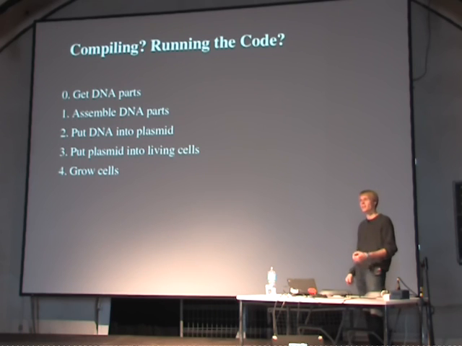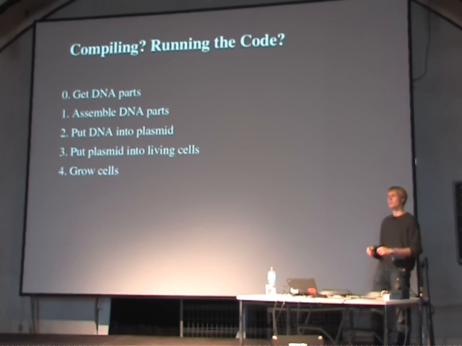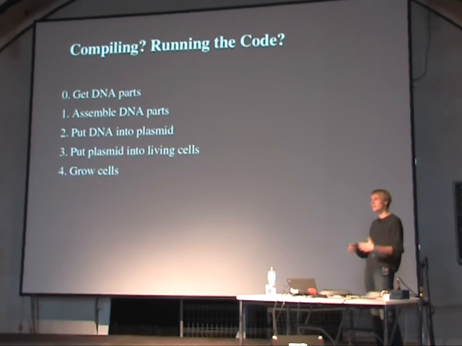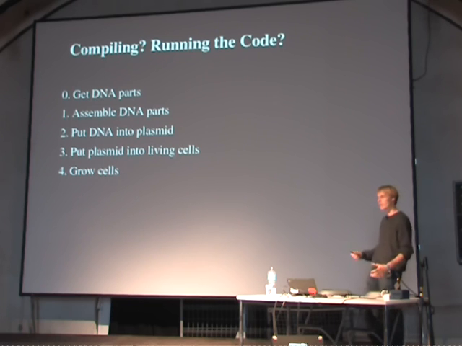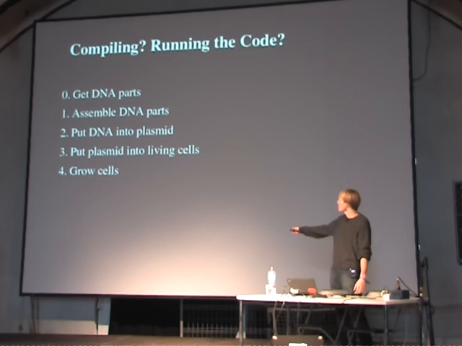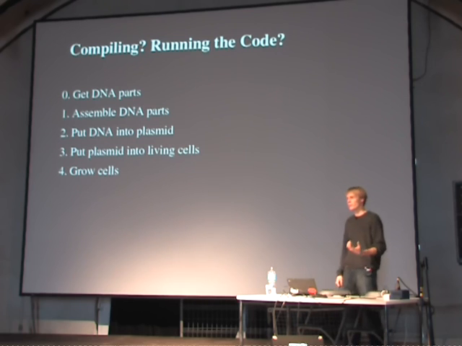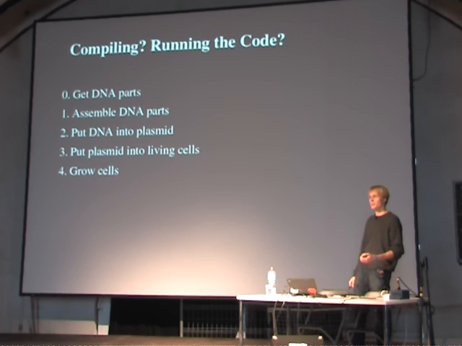If you have some E. coli, you can put them in some chemicals where they get kind of stressed out, and then they start taking up DNA. You can also give them a shock, and that does the same thing. So it's pretty easy to get your DNA into the cells once you have it on a plasmid. And of course, growing cells depends on what kind of cells you have. For E. coli, you basically just need some sugar and some base nutrients to grow them on.